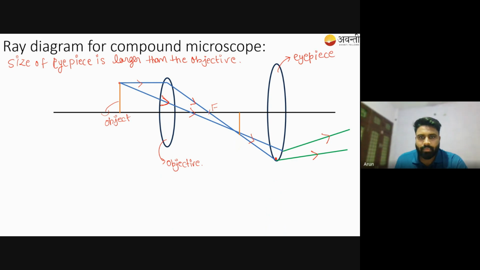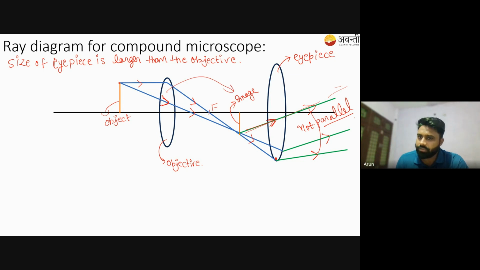Okay. Now from this image, this is a ray passing through the optical center of this eyepiece, going without deviation. Now these rays are not parallel, so they will never meet on this side. Although you will see this is the image that has been formed by the objective lens.